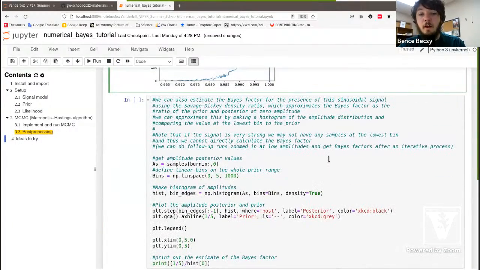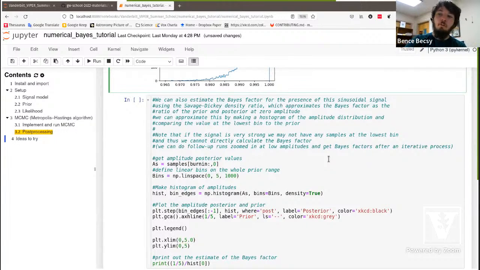Yeah, the other thing I have here is a very simple way of estimating Bayes factors. So we didn't do a transdimensional thing here or anything, and there's probably no time to go into thermodynamic integration in such a tutorial.